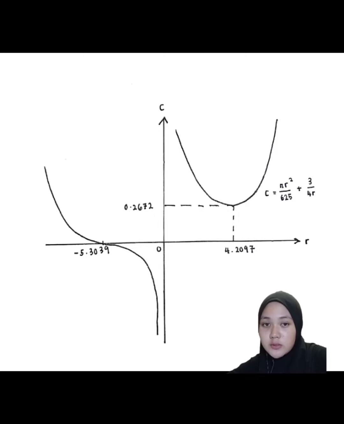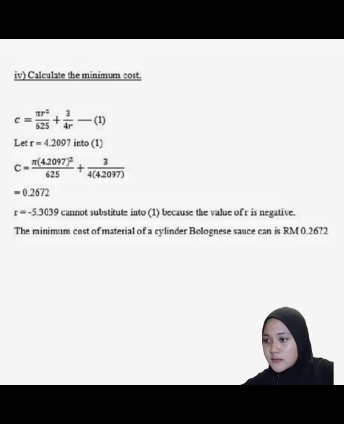In the graph. The last question is, calculate the minimum cost. We have equation C equal to πr² divide 625 plus 3 divide 4r. Let r equal to 4.2097 into equation C and we will get 0.2672.